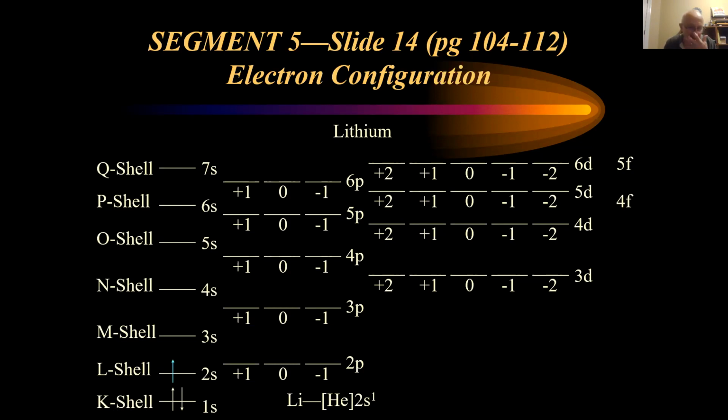And in this particular case for lithium, it's going to have this spherical core that is exactly like helium. And then it's going to have one electron in addition to that in the 2s orbital. Now, lithium is in group 1, remember? And all of group 1, you remember what the charge was for all of them? It was +1, right? If you see here, there is a 1 electron sitting out there all by itself.